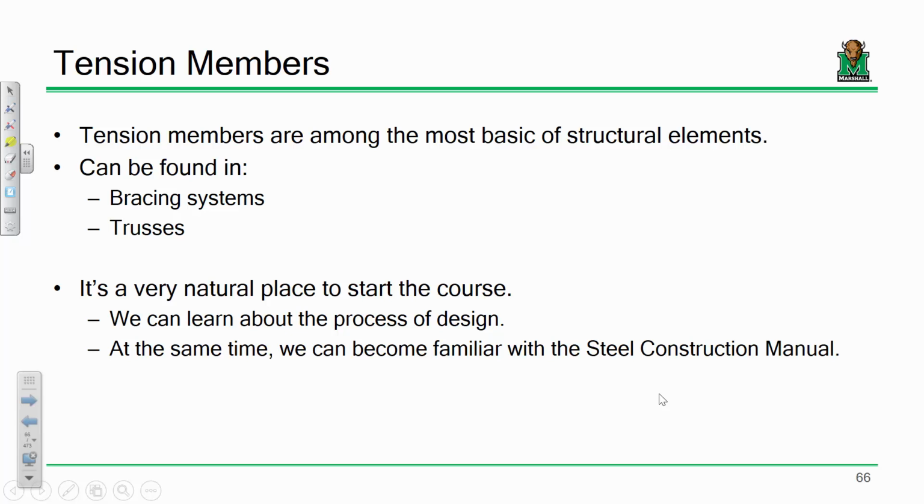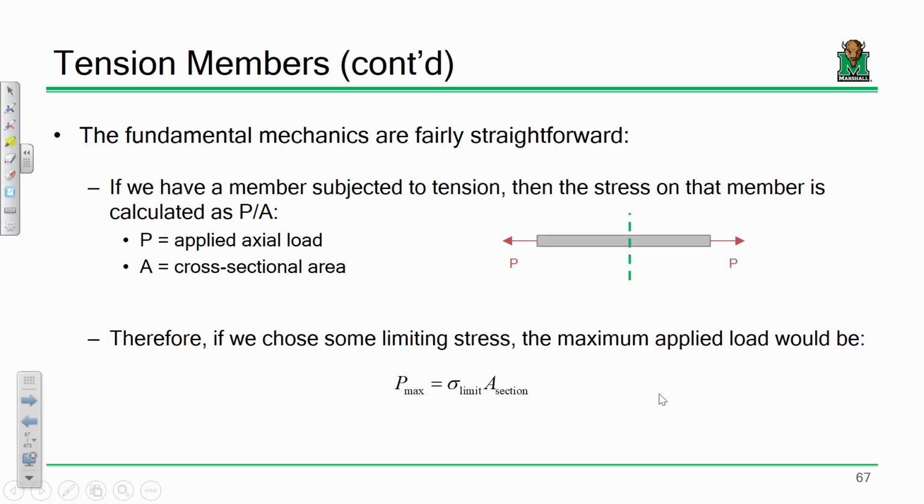Now, what we have to do for a tension member is first go back to mechanics. The mechanics are pretty straightforward. You take a piece of steel, you yank on it, right? What's the stress? P over A, force per unit area. So if the stress is P over A, what's the maximum force?